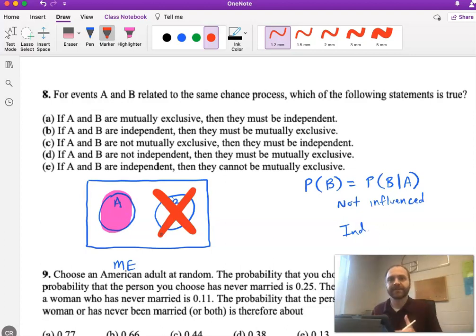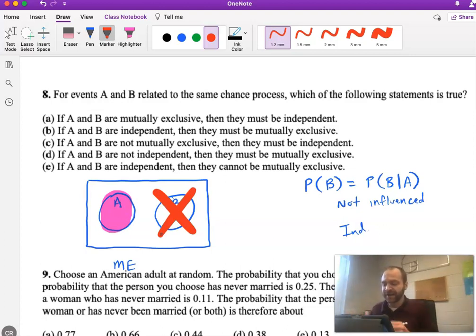It is affected by event A. So mutually exclusive cannot mean independence, because if they have nothing in common, if there is no overlapping, and one event occurs, it guarantees the other event cannot occur, which means it has been affected. The probability of B, the original B, has been affected.